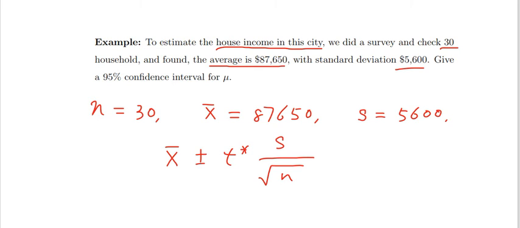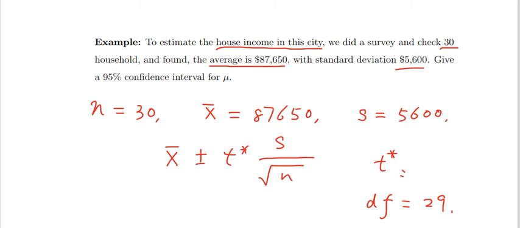So again, we just check the T table. Okay. So first, the degree of freedom is N minus 1, which is 29, right?